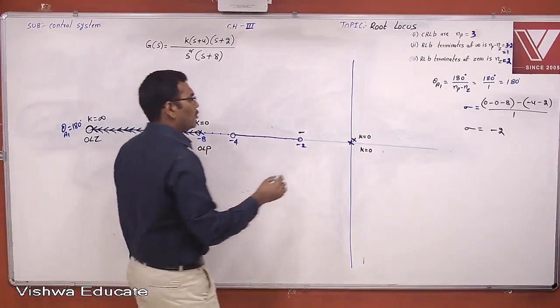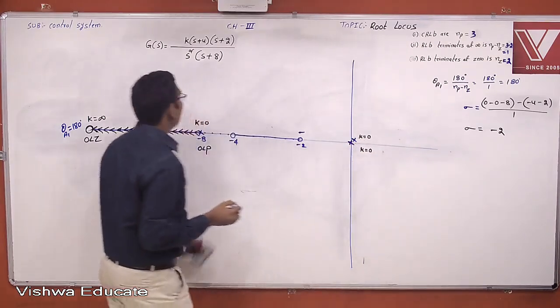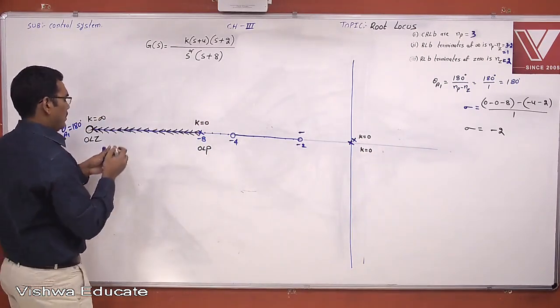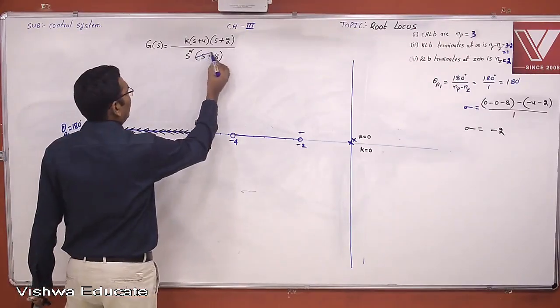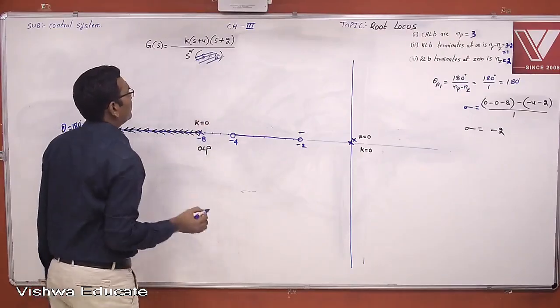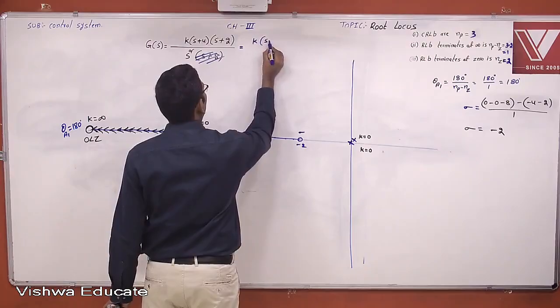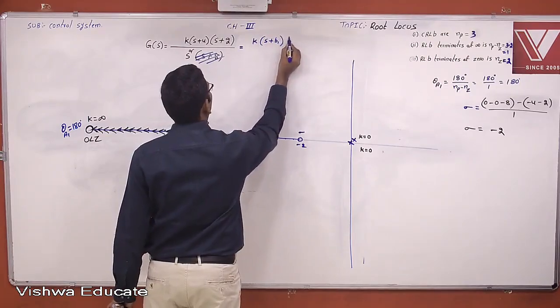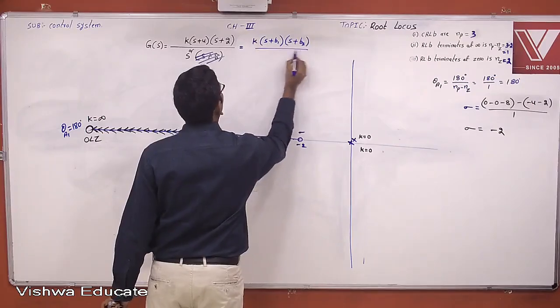Next, the root locus diagram starts with k equal to 0. Now this portion is completed. Now the s plus 8 portion is completed. When the s plus 8 portion is completed, now the problem is like this: k into (s plus b1) into (s plus b2) by s square.